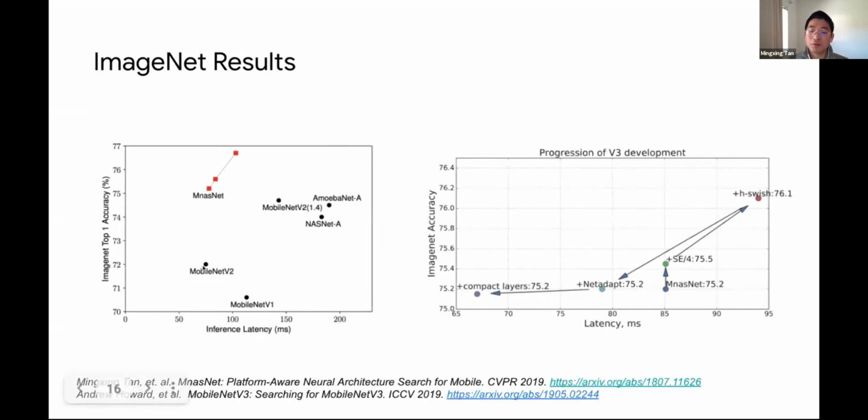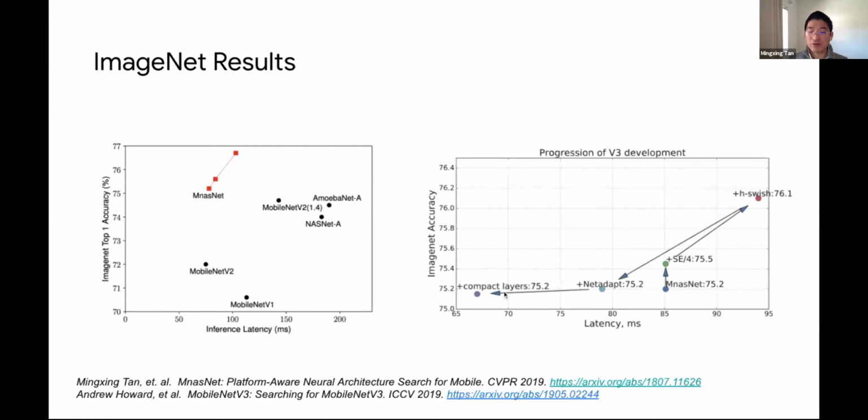We start from MobileNet v2, and then we do some search to get better accuracy. We call it MnasNet. And later on top of MnasNet, we also did some extra optimizations, like we change SE, we add the h-swish, we apply NetAdapt and compact layers and so on to further optimize it.